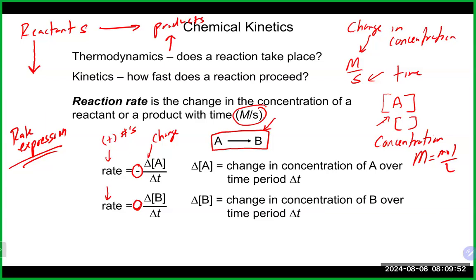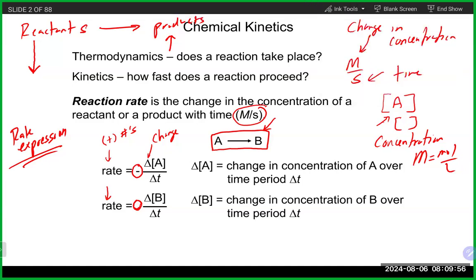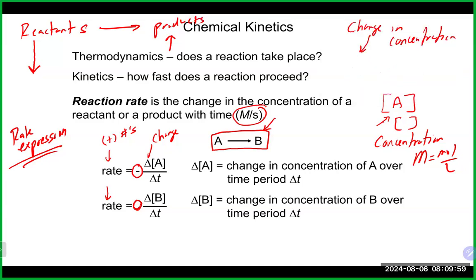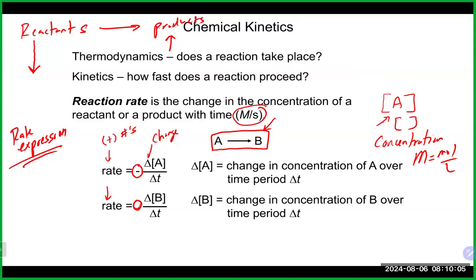So for example, if we were looking at this reaction of A going to B, and just look at some made-up concentrations of A going to B, initially we would have perhaps all of A and really none of B.